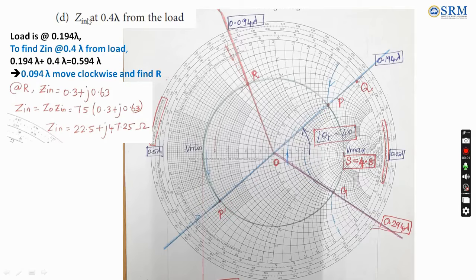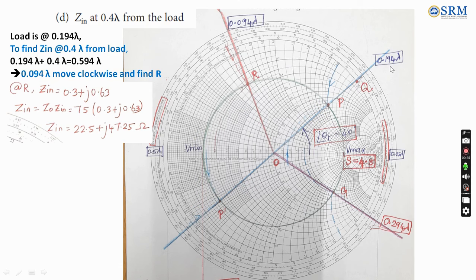To find the input impedance at 0.4 lambda from the load, we have to find where this load is located. P is the point where normalized load impedance is located, right? So extending this straight line towards the outermost circle where the wavelengths towards generator scale is given, we could see it is located at 0.194 lambda.